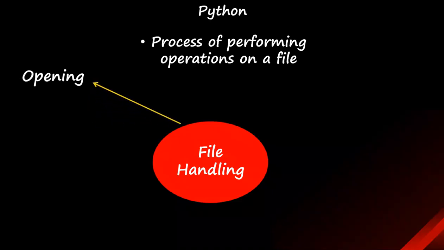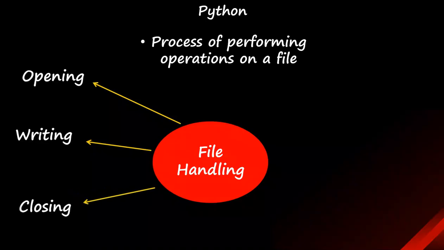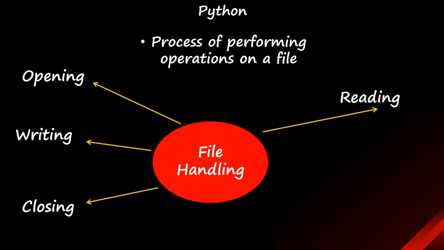So actually, file handling is a process of performing many operations on a file. The first operation is opening. You need to open a file to do an operation. Then you need to write into a file, then close a file, then read the file if the file exists and it has content.